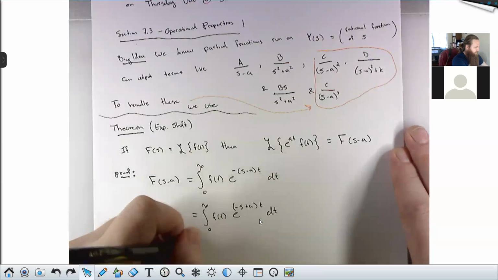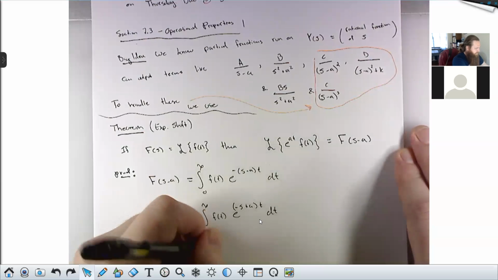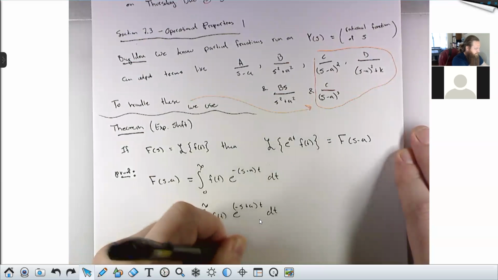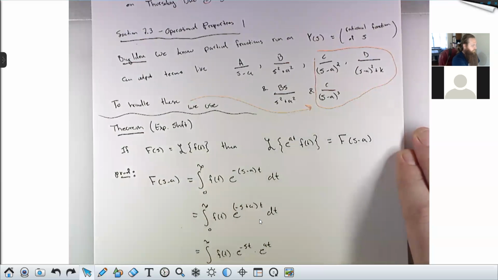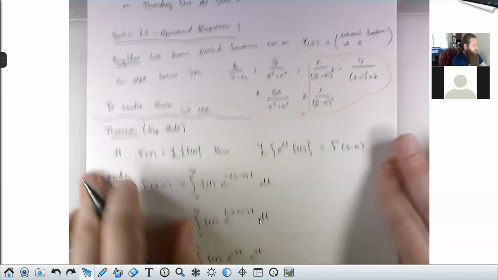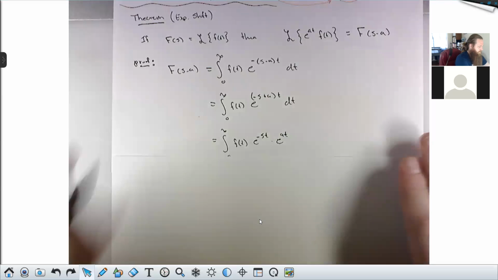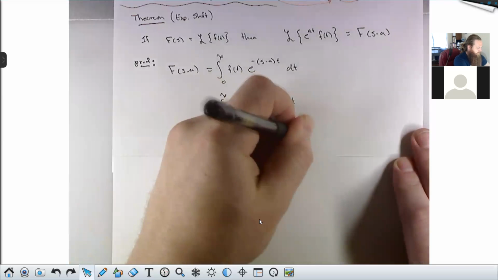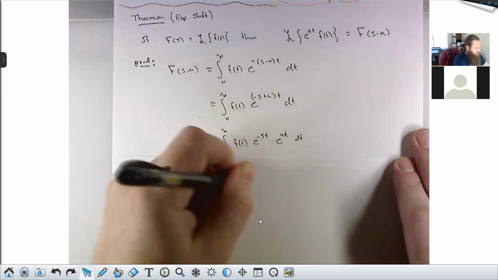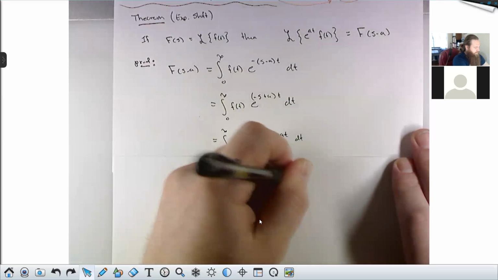And then I distribute the t, and I split up the exponential. So this would be f of t times e to the negative st times e to the at. And then that can be written as the integral 0 to infinity, f of t times e to the at times e to the negative st dt.